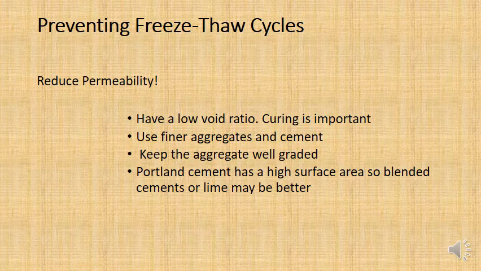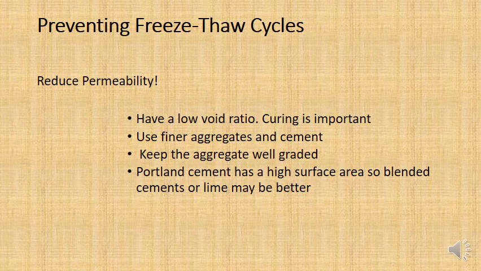That means reduce the amount of channels where water and calcium hydroxide evaporate from the concrete. Now, how do we do that? Well, we basically need to reduce the void ratio, the amount of air inside the concrete.